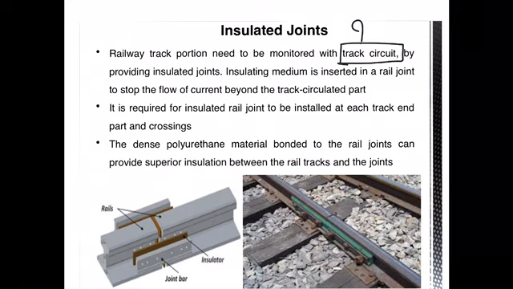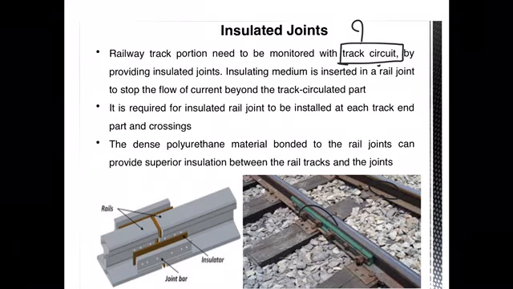Sometimes at the railway station, you need to identify on the track whether the train is stationed or not. You cannot come and see all the time. So here we will provide a track circuit. With the help of the track circuit, you can actually identify the presence of a train on the tracks.